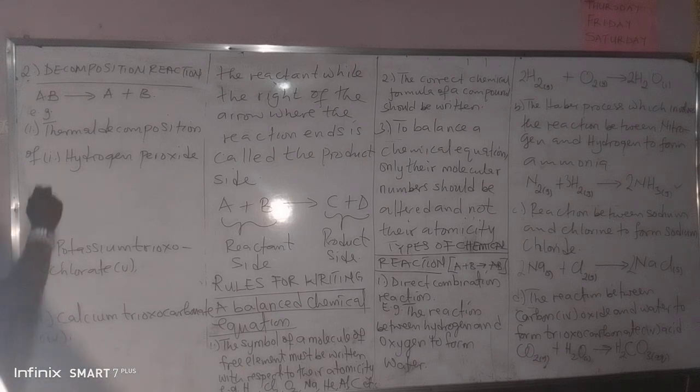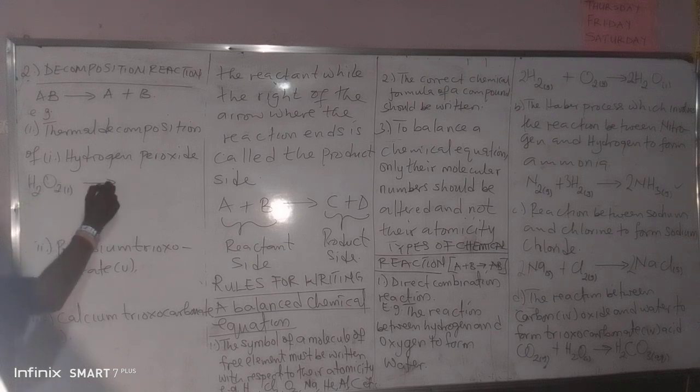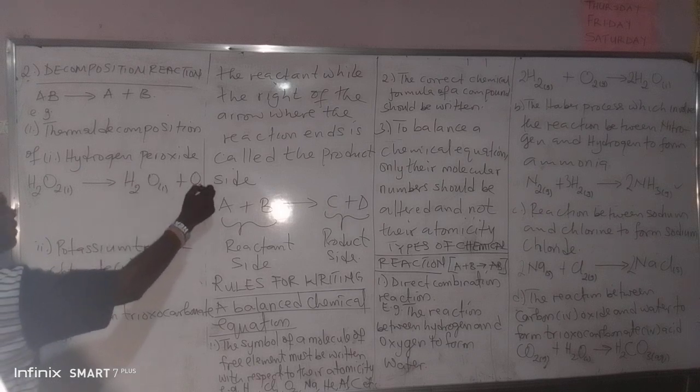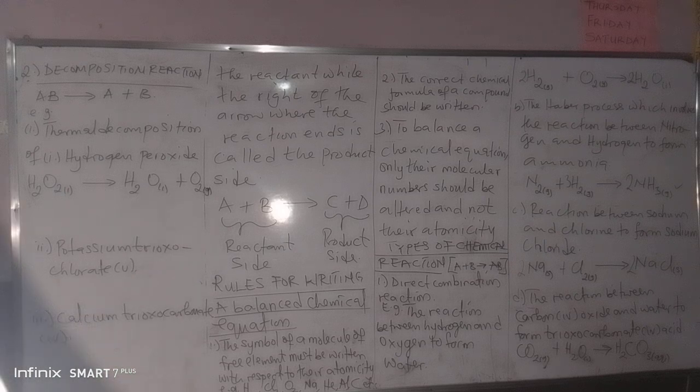So the first one, hydrogen peroxide, is H2O2. It's a liquid. If it decomposes, it forms H2O, liquid, and what? Oxygen gas. So you must have the understanding of the reaction you are dealing with.